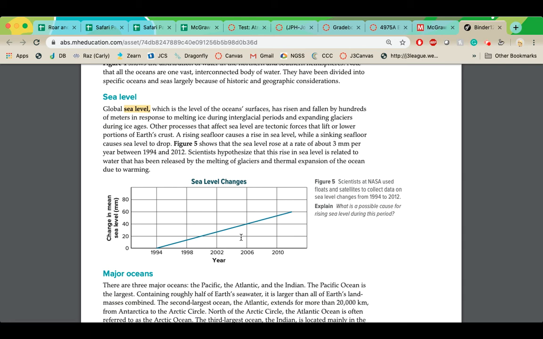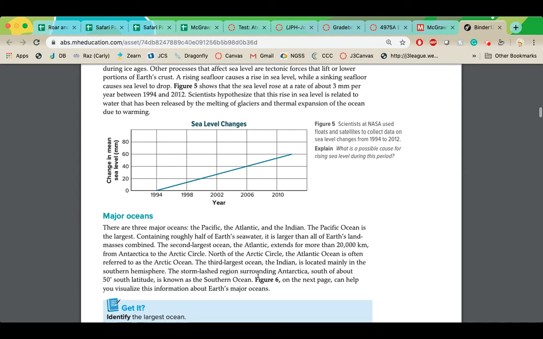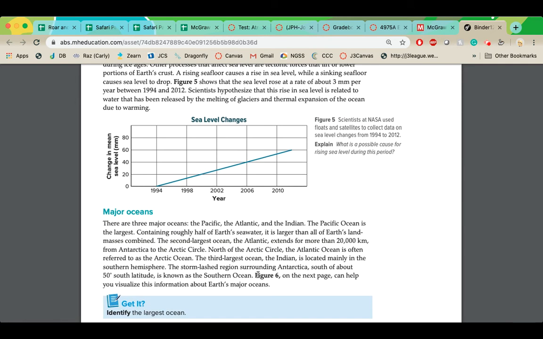Something that's interesting is that as the ocean water gets warmer, warm water actually expands. It will expand a little bit, just like if you were boiling water. And so warmer waters also take up a little more space than colder waters.